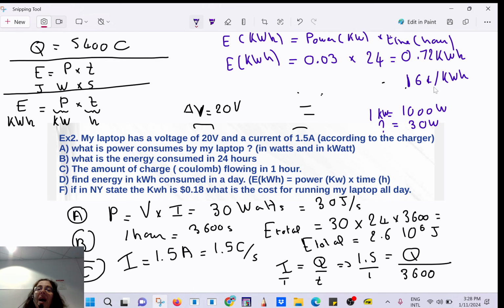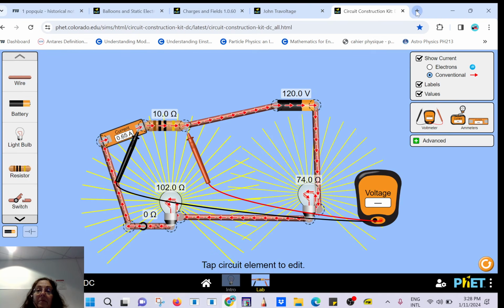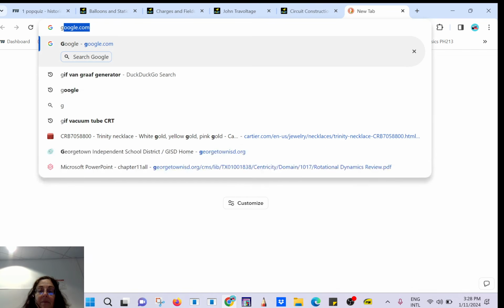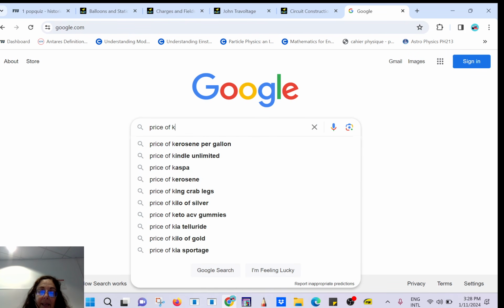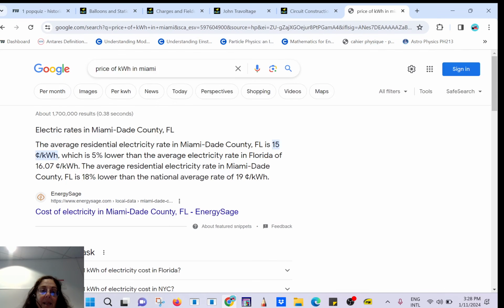If you want to know how much you're going to pay, let's say you are in Miami and it's 60 cents per kilowatt hour. All you have to do is multiply. Okay, let's verify. Look at that, I pay 15 cents per kilowatt hour.